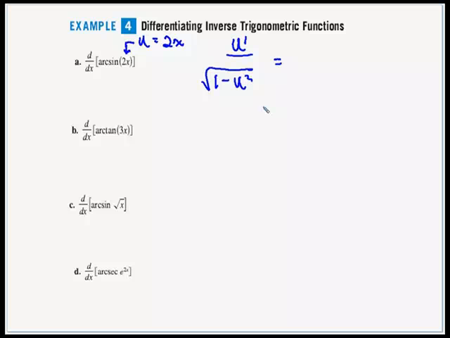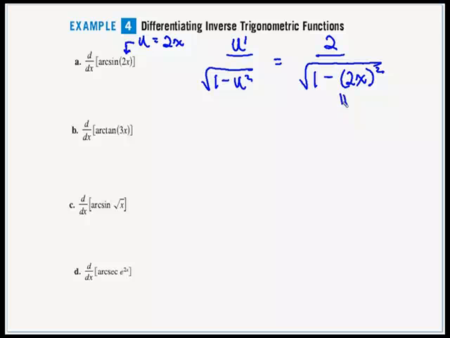The numerator is u prime. If u is 2x, u prime is 2. Underneath the radical, we have 1 minus u squared, and for us, our u was 2x.